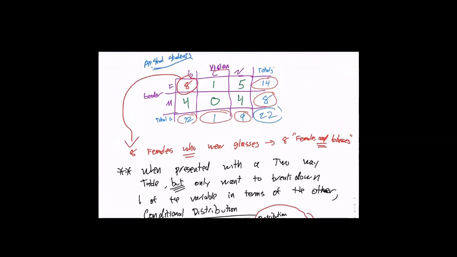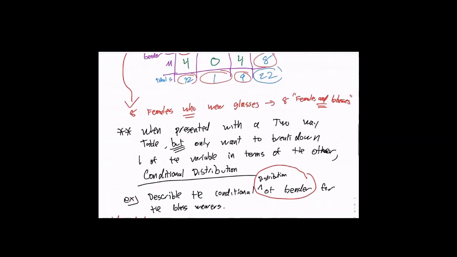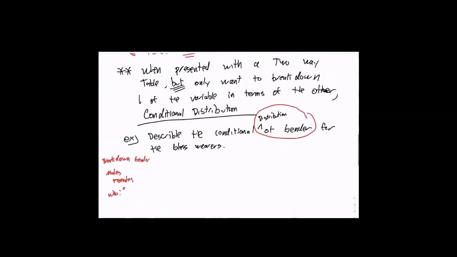The 8 people that wear glasses? There's more than 8 people. 8 females that wear glasses. No, how many students wear glasses? 12. It's that marginal one. So it's the 12 students who wear glasses.